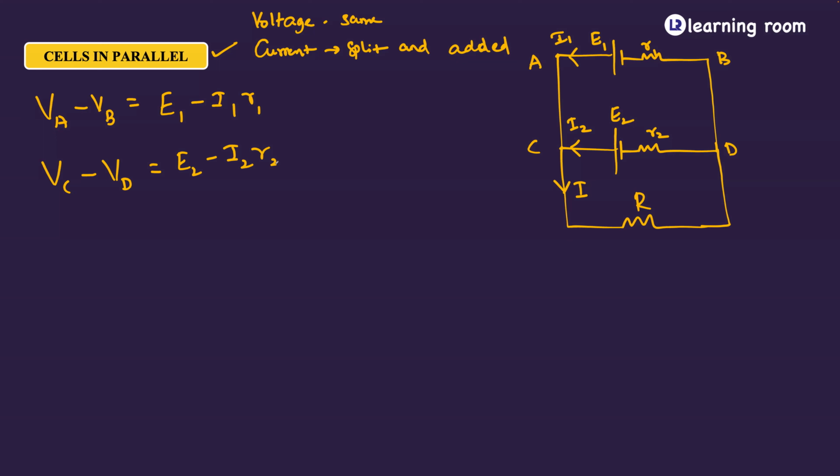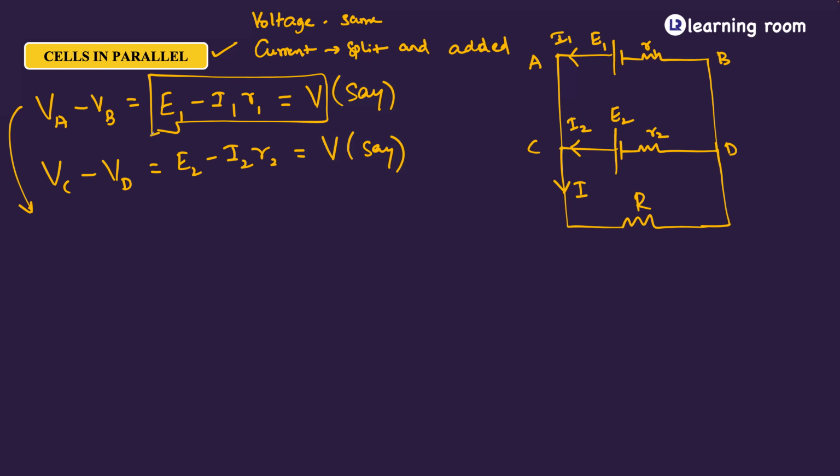But the point to be noted here is VA minus VB is exactly the same as VC minus VD. Why is it so? Because they are in parallel, right? So if I call this potential V, then VC minus VD also can be called V only. Now from the first statement, I will take this part alone.